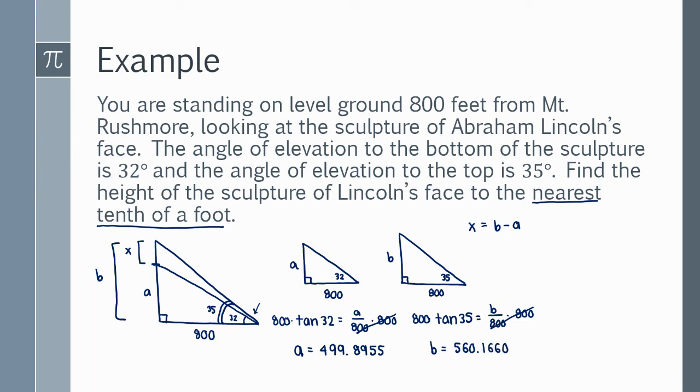So now I just have to subtract those. To find what I'm looking for, I'm taking that and subtracting this. And then from there, we'll want to round to 1 decimal.